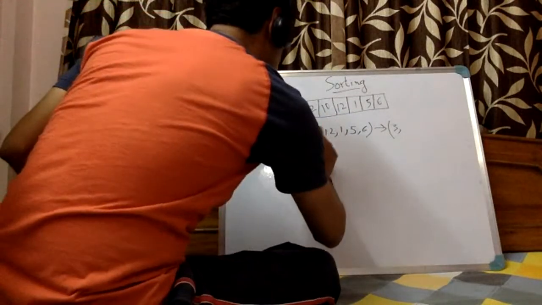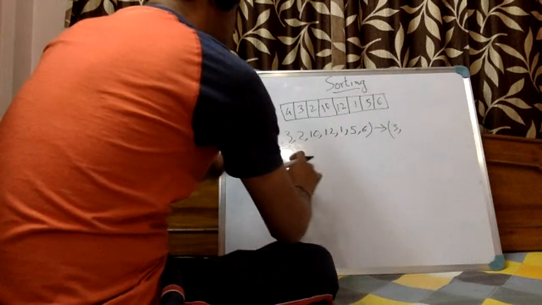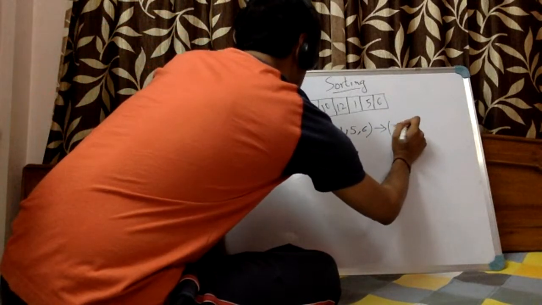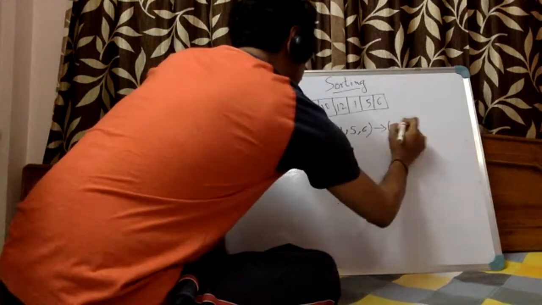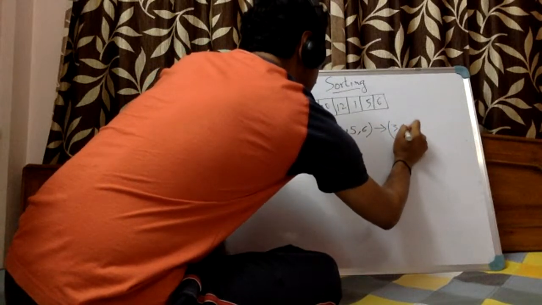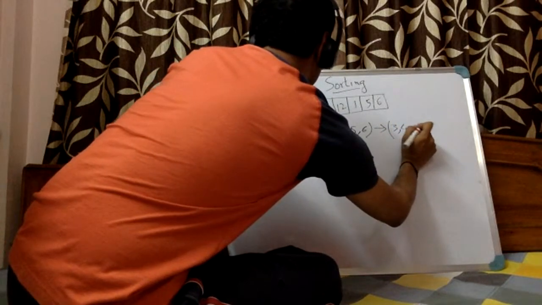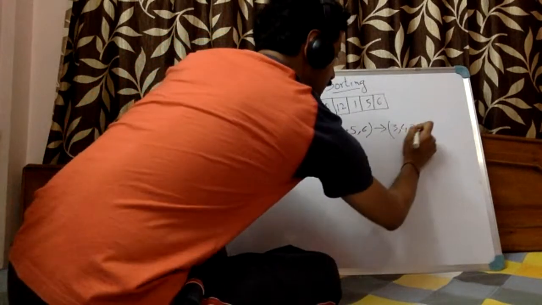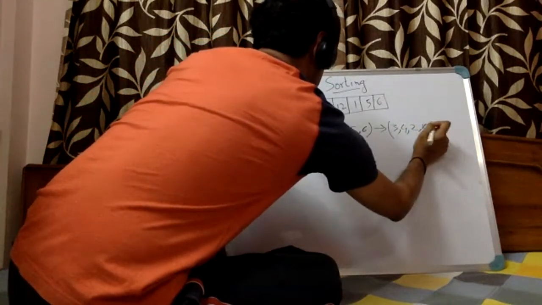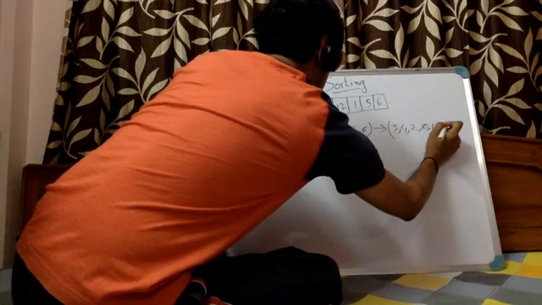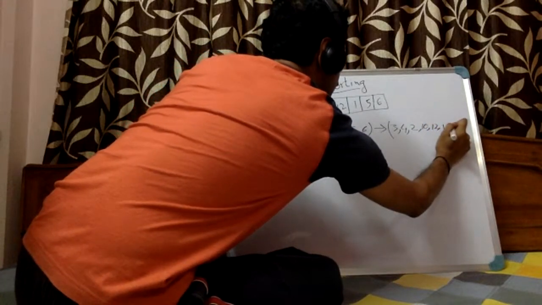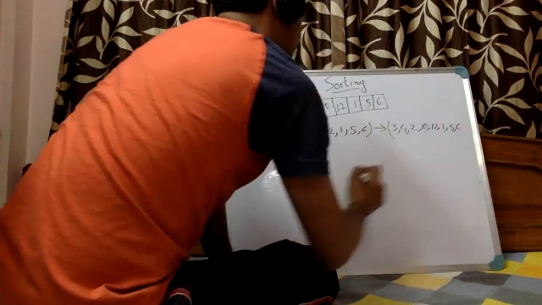So 3 is smaller compared to 4. So the series becomes 3, 4, 2, 10, 12, 1, 5, 6.